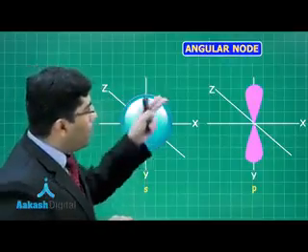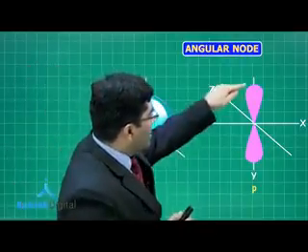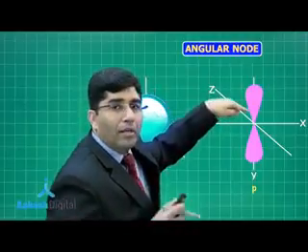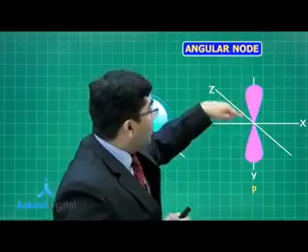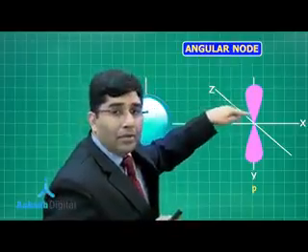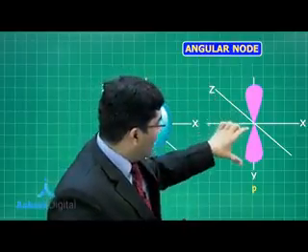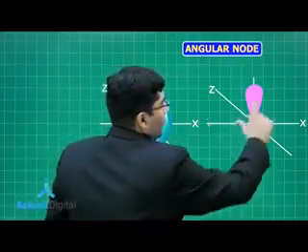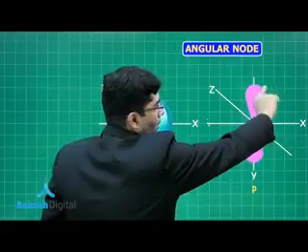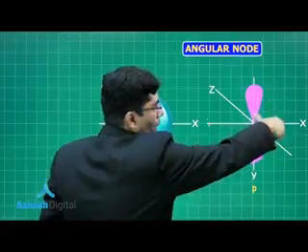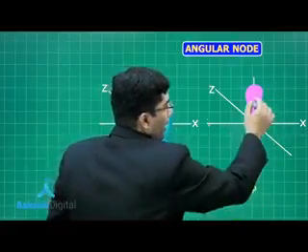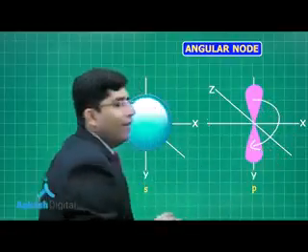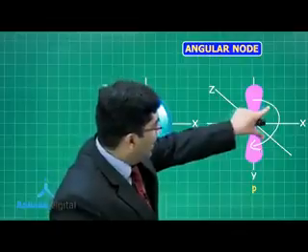Now if we talk about P, this is the region where the probability of finding the electron is there. This region and this region. But if we change the angle like this, if we move from the upper lobe to the lower lobe, and if we go from here to here, then definitely we will get one region here.